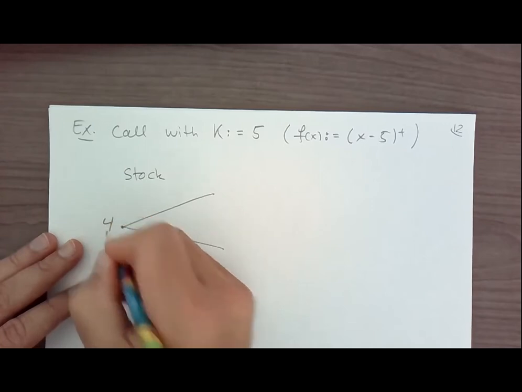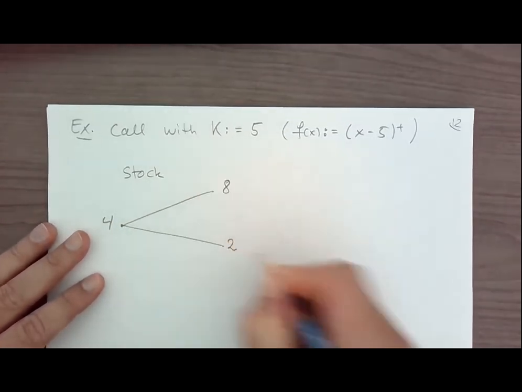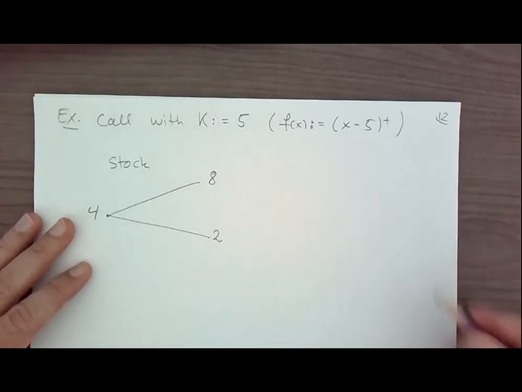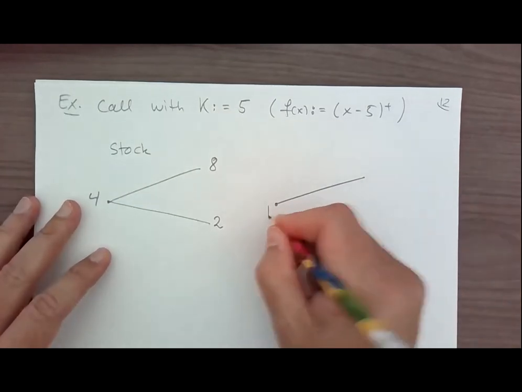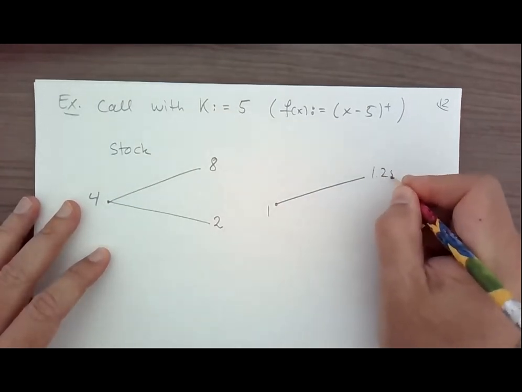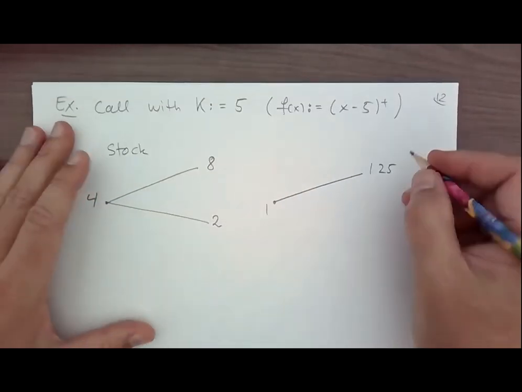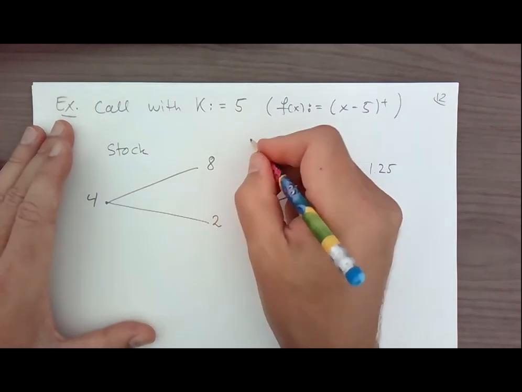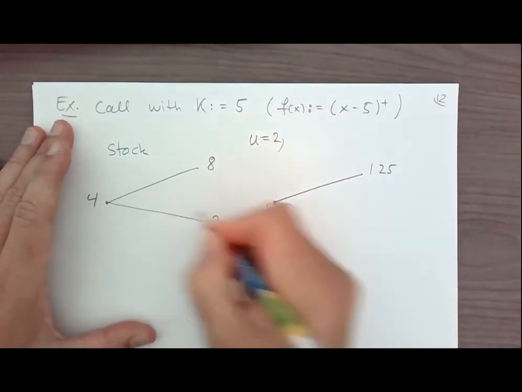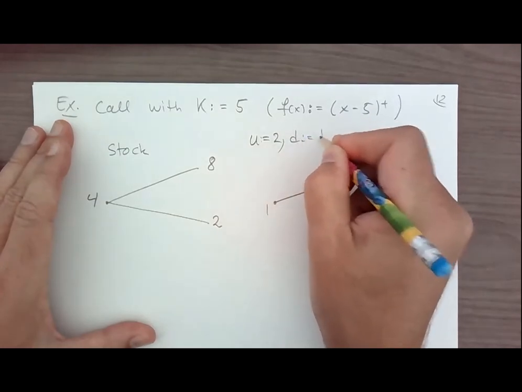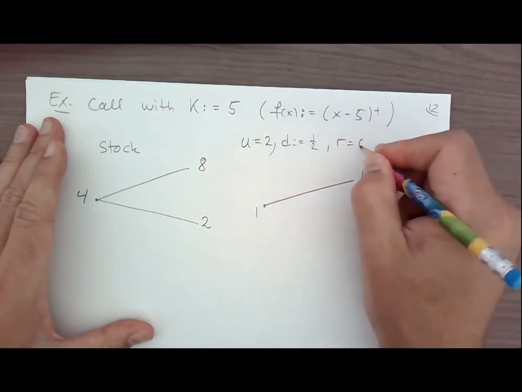This was 4, and then it will go up to 8 and go down to 2. That was the stock from before, and then we have the bank. The bank will go from 1 to 5. So in this particular example, u is equal to 2, d is equal to a half, r is equal to 25%.